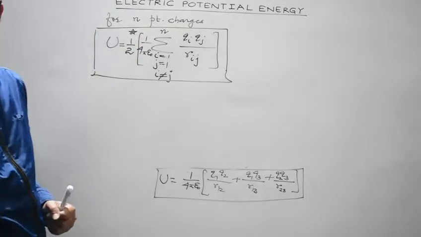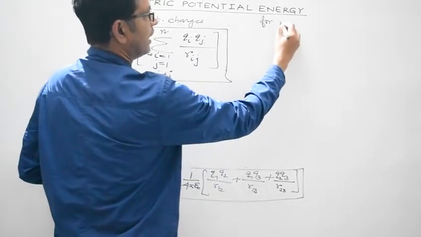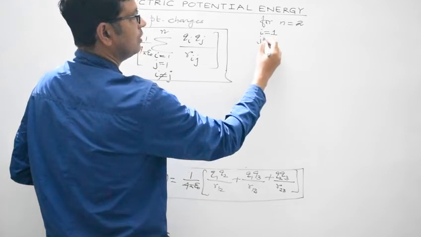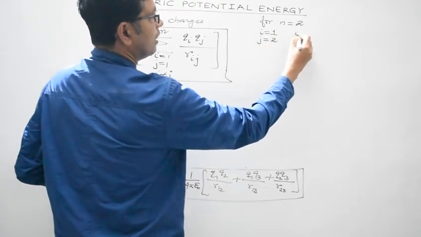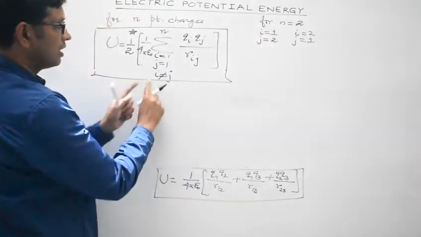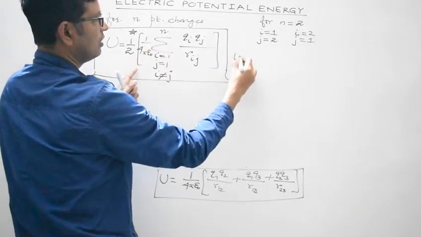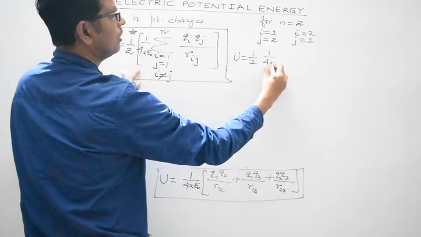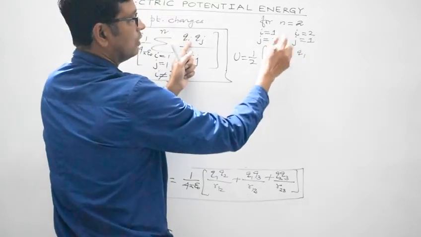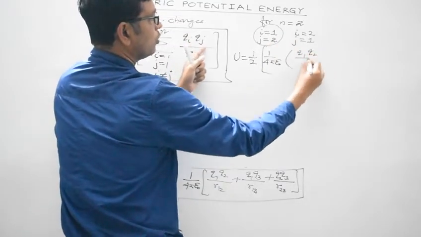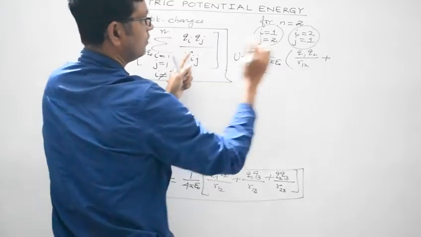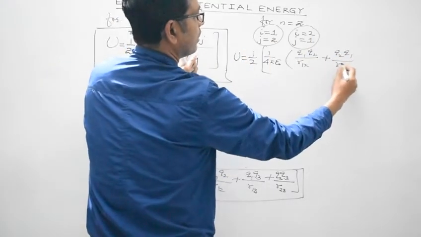You can easily justify this expression. For example, for n equals to 2, when i equals to 1, j would be equal to 2. When i equals to 2, then j would be equal to 1, isn't it? These are the combinations. i can't be equal to j. So if you expand using this expression, what do you get? Half, 1 over 4 pi epsilon naught, and then let's expand it. Consider this term, Q1, Q2 divided by R12, plus addition of this term, Q2, Q1 divided by R21.